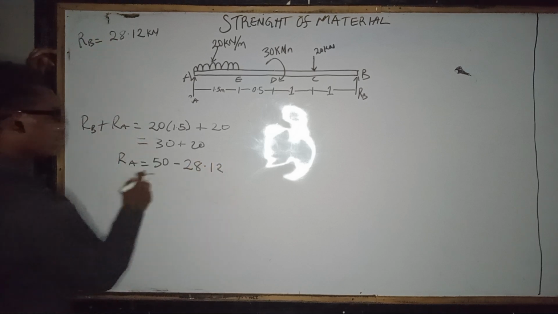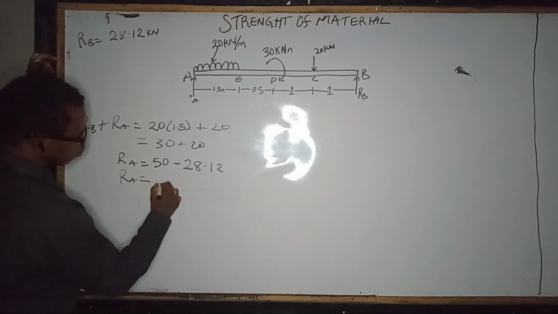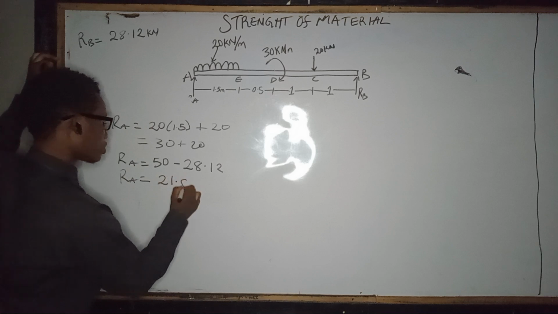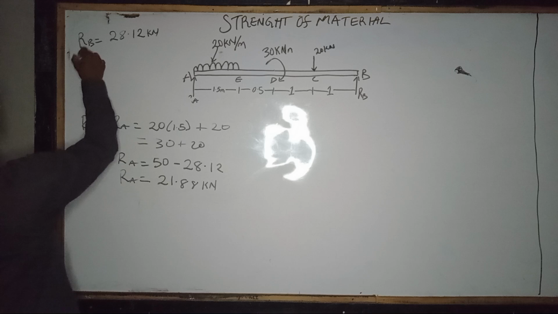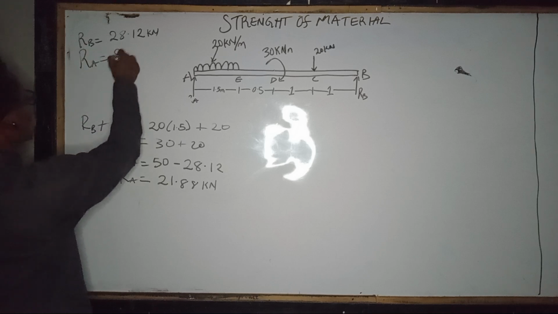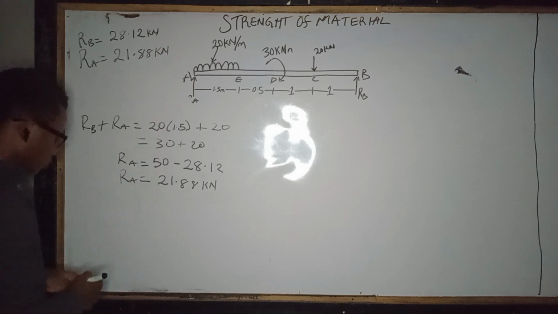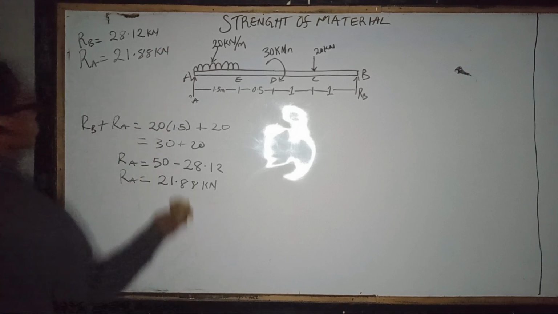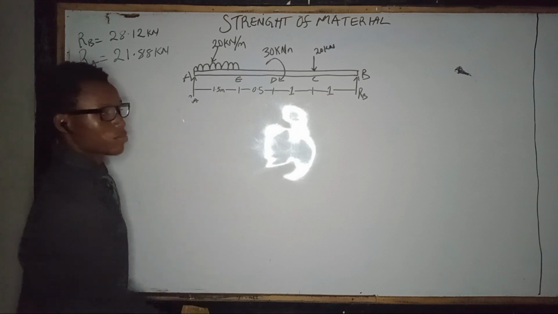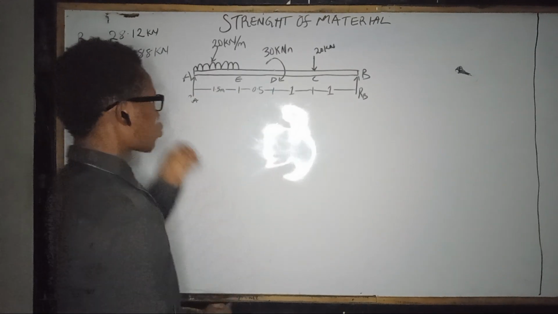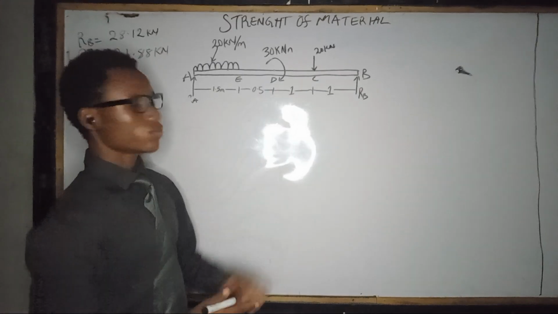So RA equals 50 minus 28.12, which is 21.88 kilonewton. So now we have successfully gotten our reactions at both ends of the simply supported beam. So that's our reactions. Now we move on to solving, starting with shearing forces.